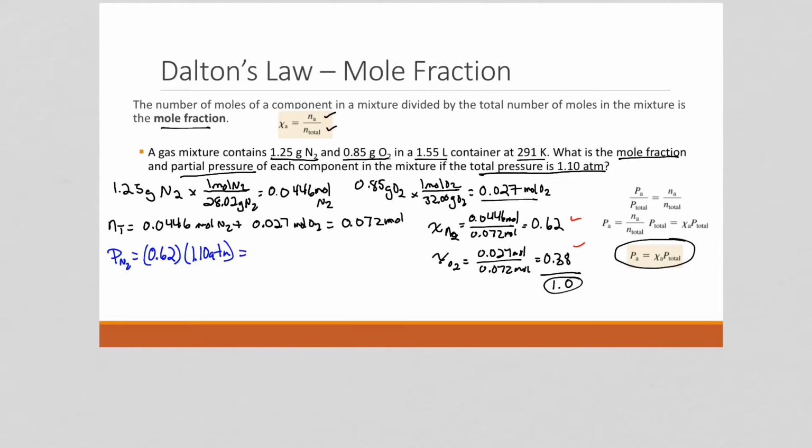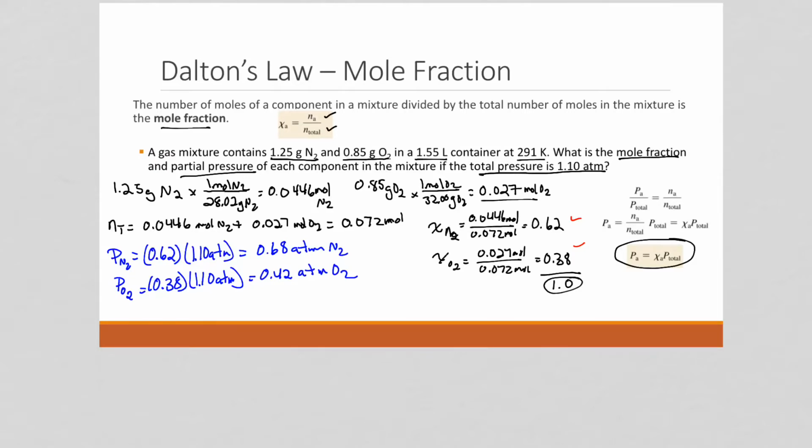And again, 2 significant figures. That goes to 0.68 atm of N2. My partial pressure of O2 equals 0.38 times 1.10 atm, which equals 0.42 atm O2.